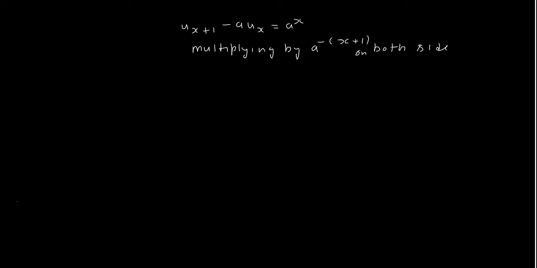This becomes a to power minus (x plus 1) u(x plus 1) minus a to power minus (x plus 1) into a u(x) equal a to power minus (x plus 1) into a to power x.